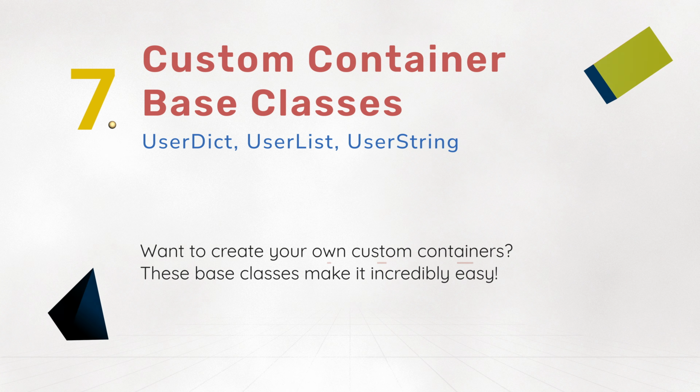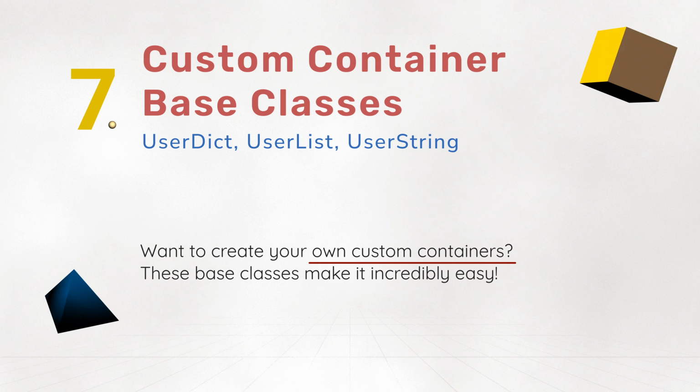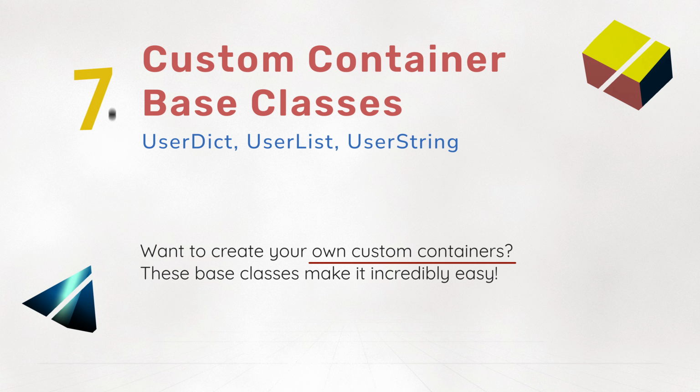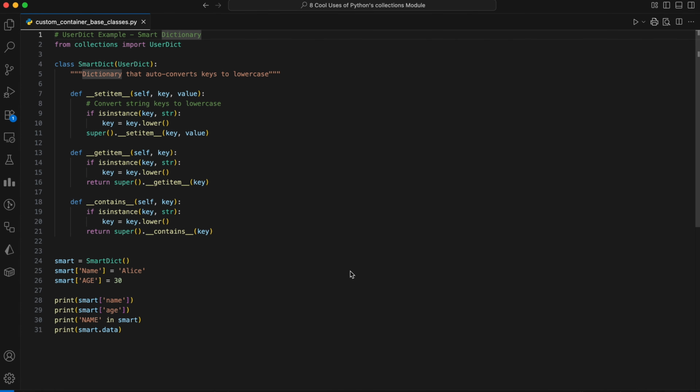Want to create your own custom containers? These base classes make it incredibly easy. First is UserDict. This example shows how to use UserDict to create a custom dictionary-like class called SmartDict. Unlike inheriting directly from dict, which can be complex, inheriting from UserDict provides a cleaner, safer way to customize a dictionary's behavior.